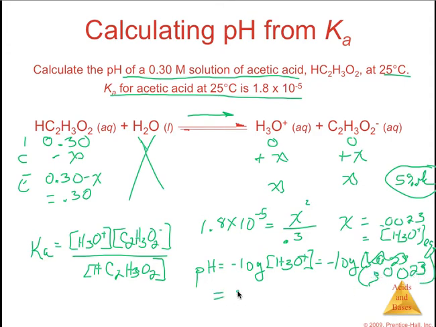And if I put that in the calculator, I get 2.64. Because I have 2 sig figs in all the numbers, I need 2 decimal places on the pH. And that is how to calculate a pH from Ka.